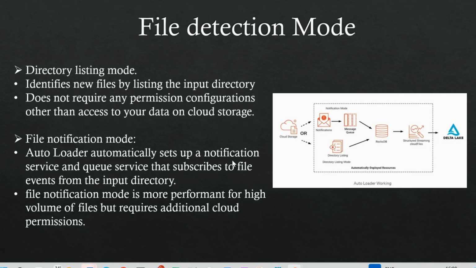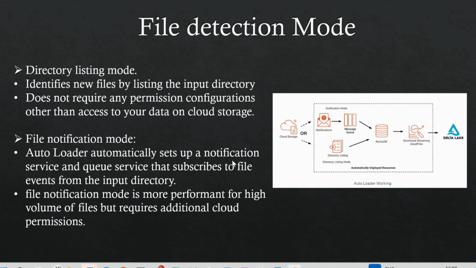So in Auto Loader, there are two ways the files are detected, whether that file is processed or not. The first way is the directory listing mode, in which it lists all the new files present in the input directory that have come and are not processed.